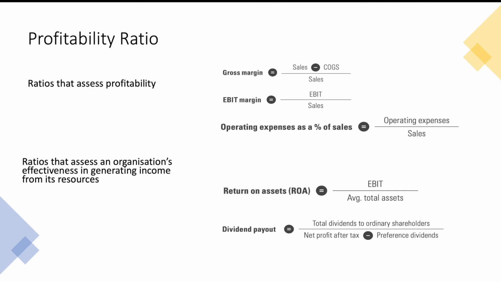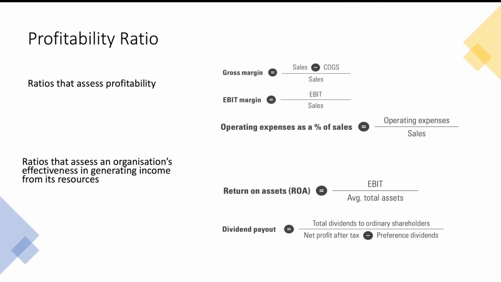Now what we're doing with the ROA, how are we going to interpret that? ROA can vary dramatically across different industries. A capital intensive industry will have a lower ROA than a service industry due to its higher investment in fixed assets.